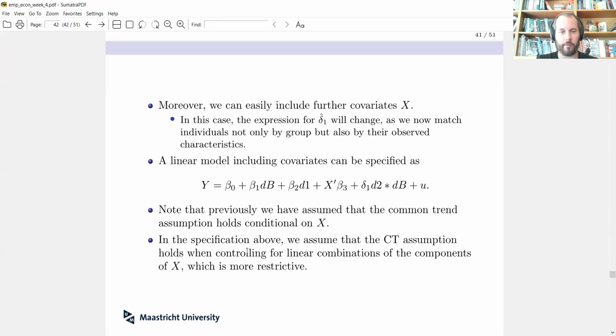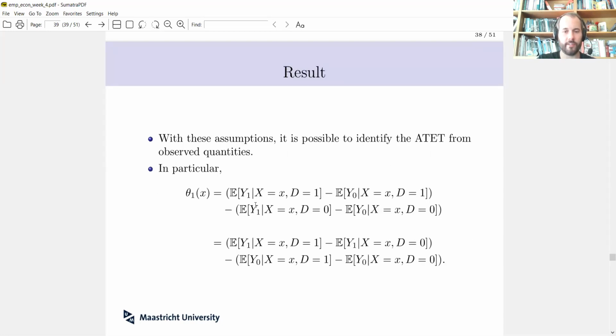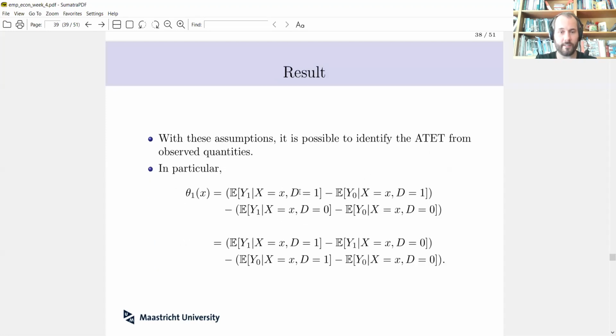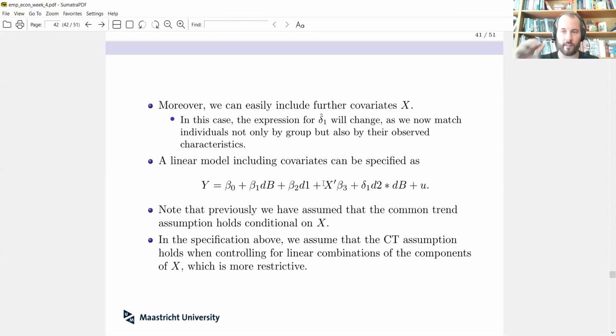Here I say something that is very subtle, actually. When we assume the common trends assumption in the previous slide, we condition on X. Conditioning on X means really conditioning on any function of X. When we write the regression model like this, we only control for linear functions of X, whereas in the previous one, we also account for any quadratic, cubic, any nonlinear function of X. So this is a subtle difference.